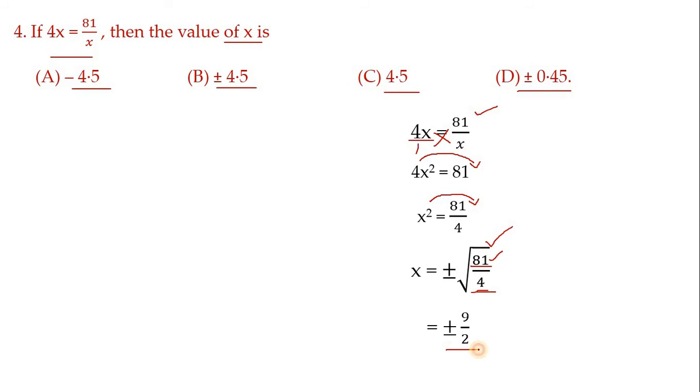So we get plus or minus 9 by 2. Now here simplification is possible: 2 ones are 2, and 2 fours are 8. Keep the point and take a 0. We get 4.5, that is plus or minus 4.5. Hence, the correct option is B, plus or minus 4.5. Move on to the next question.